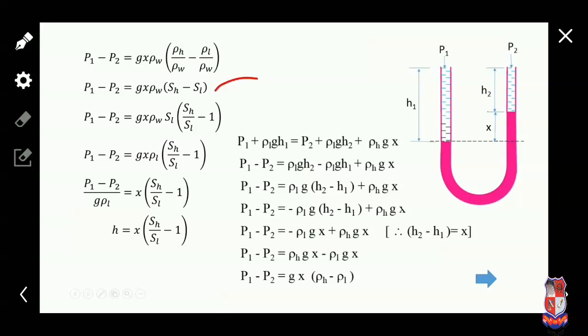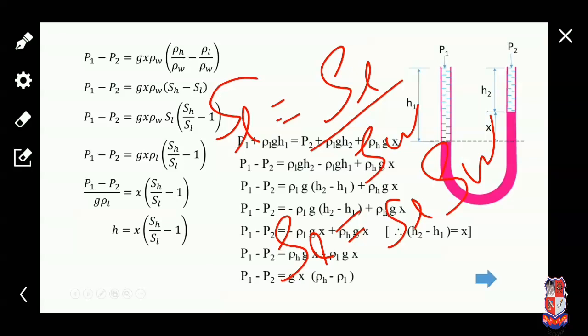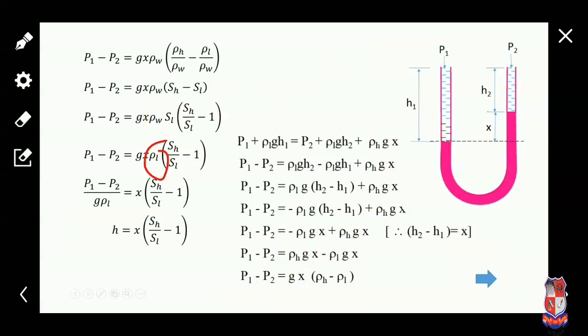Now we know that the specific gravity of light liquid is equal to the density of light liquid upon the density of water. So the density of light liquid is equal to the specific gravity of light liquid times the density of water. So here we can write the density of light liquid. Now g into ρL is moved to the left side, upon P1 minus P2, so the equation becomes as shown in the slide.